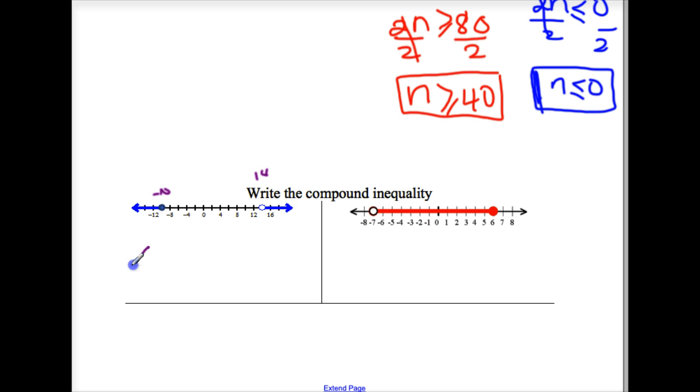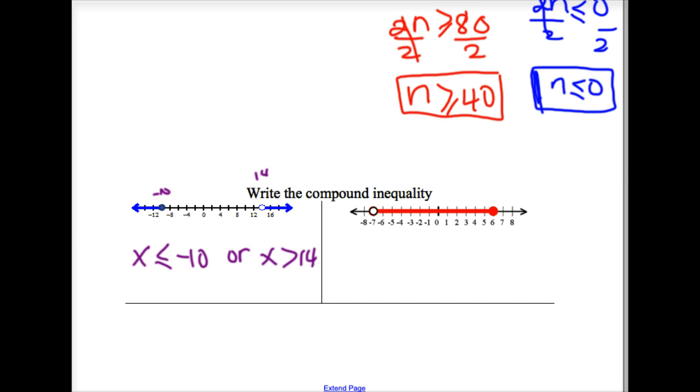So x is less than or equal to negative 10, or x is greater than 14. Remember, this is an open circle, which tells me I'm going to use a greater than because it's pointing to the right, and here I'm using less than, it's going to the left.